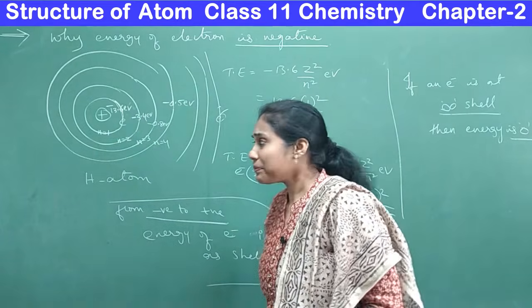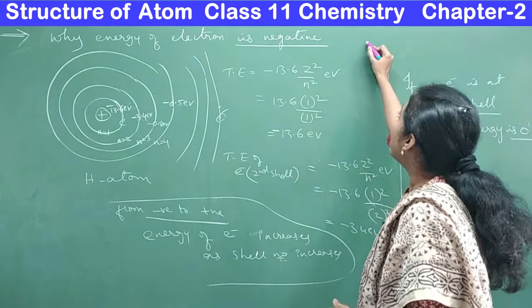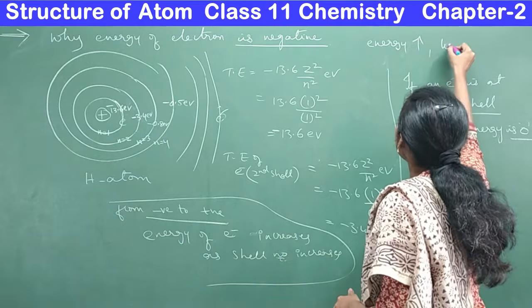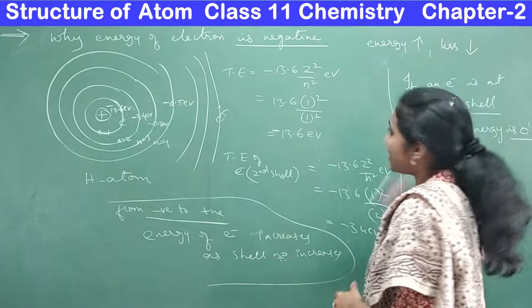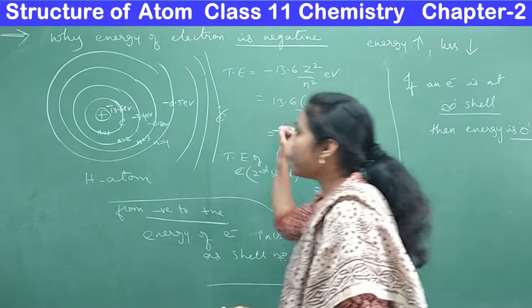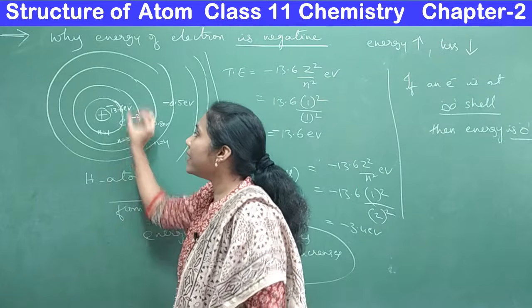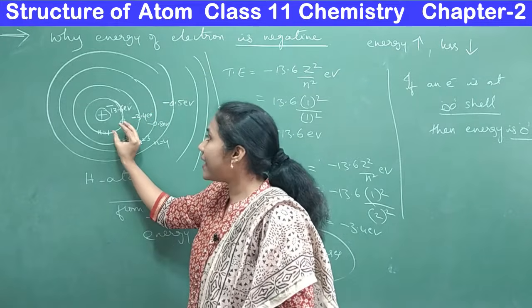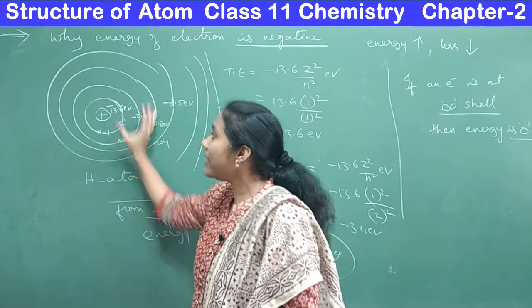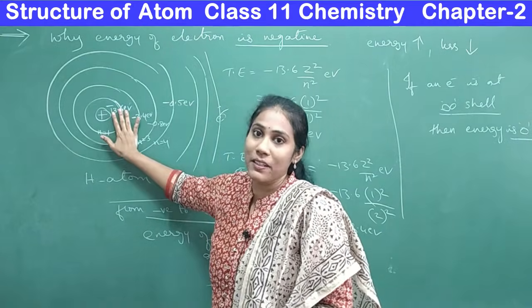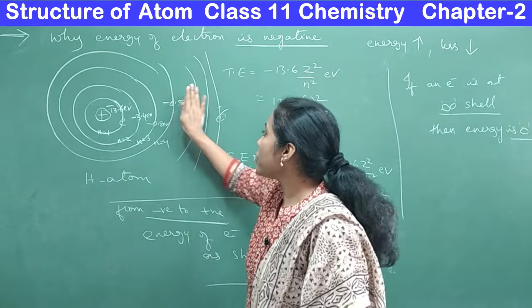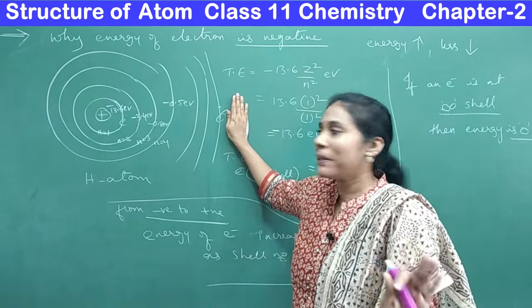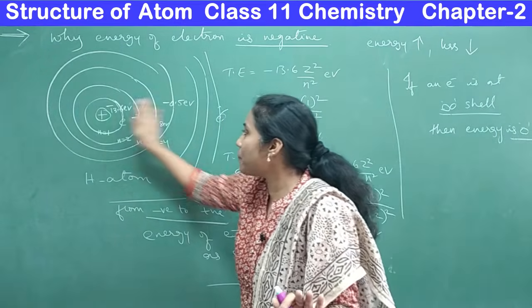Is that clear? So always remember, in chemistry, high energy means less stable. If electrons are very near to the nucleus, they experience attraction. As long as electrons experience good attraction and have less energy, the atom can be stable. The electrons in the outermost shells are not stable, because they won't experience much attraction from the nucleus.